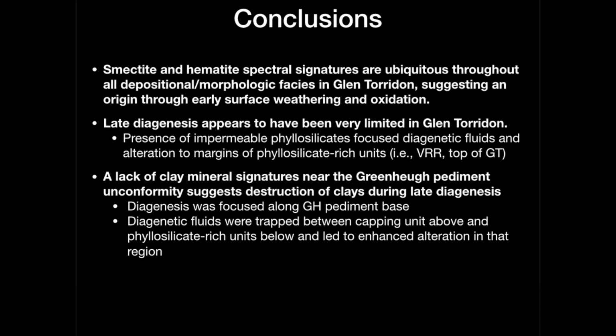The presence of impermeable phyllosilicates focused diagenetic fluids and alteration to margins of phyllosilicate-rich units, in other words, to Vera Rubin Ridge and to the top of Glen Torridon, and a lack of clay mineral signatures near the Greenheugh pediment unconformity suggests destruction of clays during late diagenesis. So the diagenesis was focused along the Greenheugh pediment base, and diagenetic fluids were trapped between the capping unit above and the phyllosilicate-rich units below and led to enhanced alteration in that region.